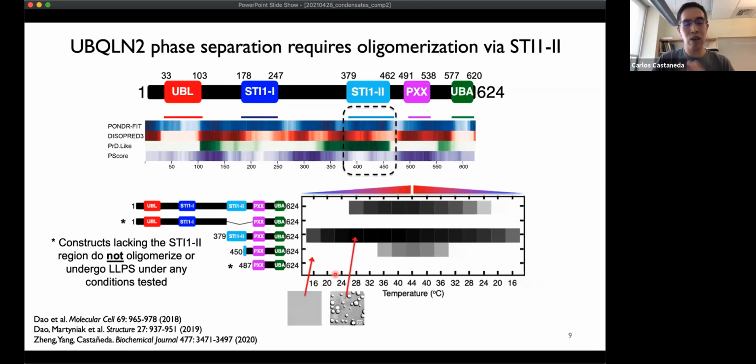And so the quick take-home messages from our prior work: the first is that the phase behavior of ubiquilin requires oligomerization via this domain called the STI2 domain shown here.